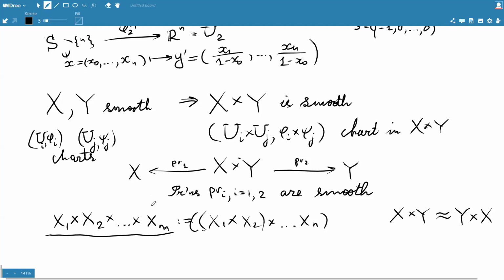Okay, so this means diffeomorphism. So this is a canonical diffeomorphism.